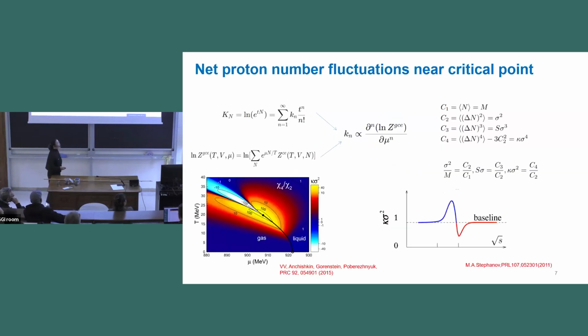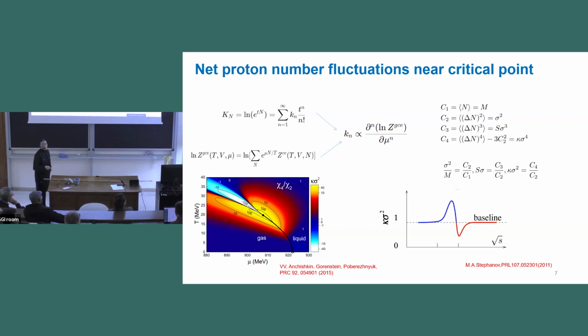Experimentally, of course, one of the main goals is to find whether there is this critical point. The signature mostly used is net proton number fluctuations.